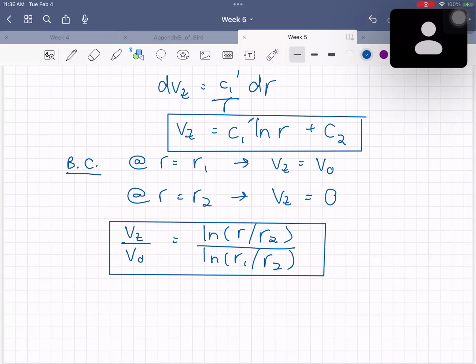But what if we start with the Navier-Stokes equation? What will you get? It's supposed to be similar, all right? So please compare what you did earlier to the solution that I got right here, okay? Please finish the rest of what you did and then compare the results. It's supposed to be the same, okay?